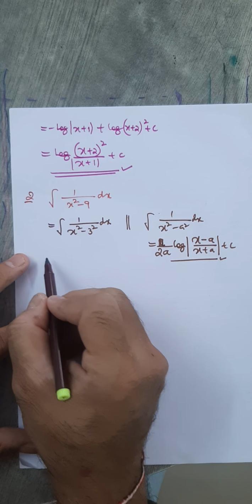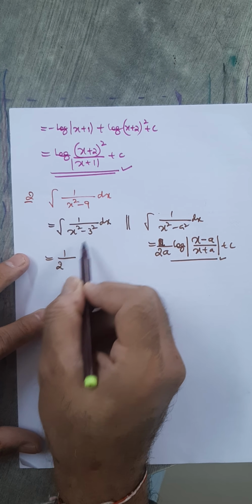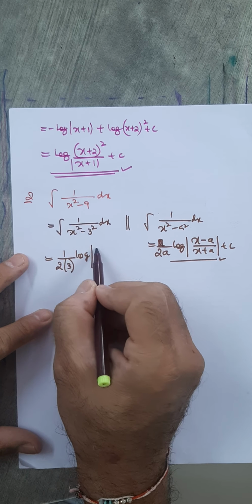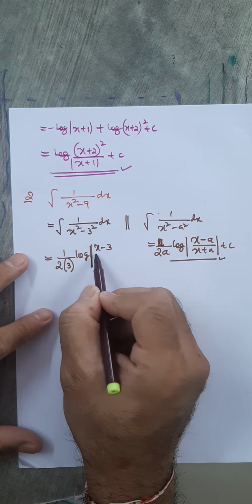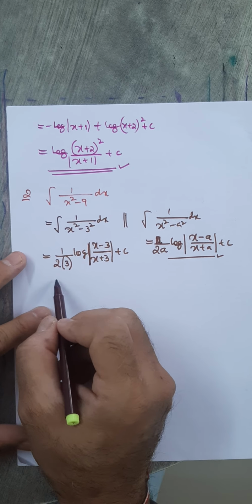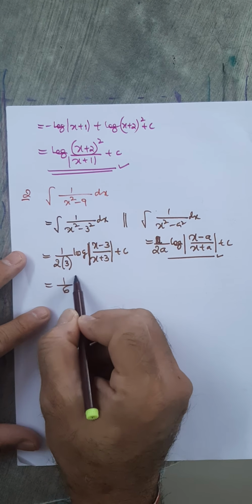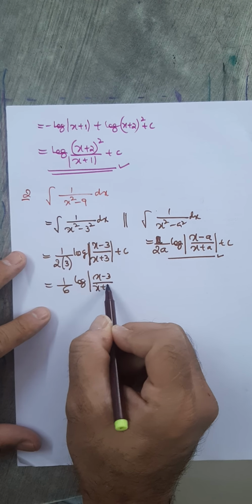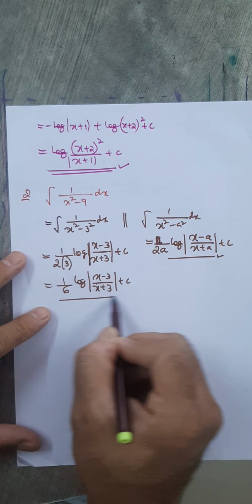So here the answer is 1 upon 2 into 3 log of mod of one factor x minus 3, the other factor x plus 3, plus c. So you will get 1 upon 6 log of mod of x minus 3 upon x plus 3 plus c. This is the answer.